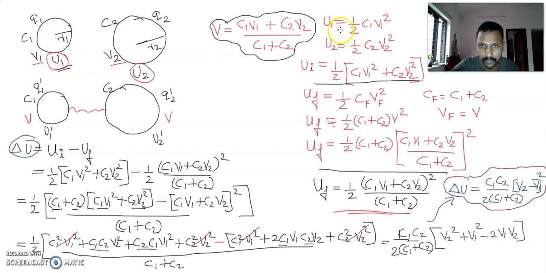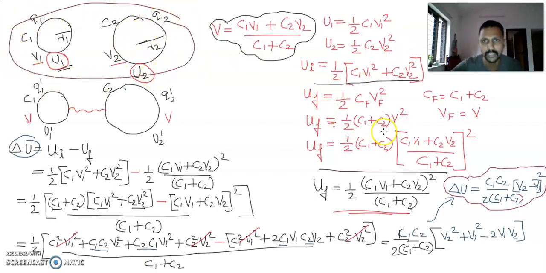We are using the half C V square expression, and it will be U1 is equal to half C1 V1 square. Then the initial energy of the second capacitor will be half C2 V2 square. Is that clear? Then the total initial energy of the system will be U1 plus U2, that is half into C1 V1 square plus C2 V2 square. This is the total initial energy of the system.